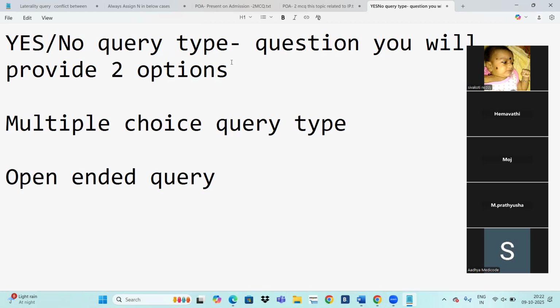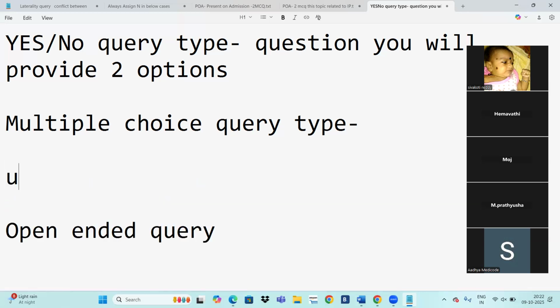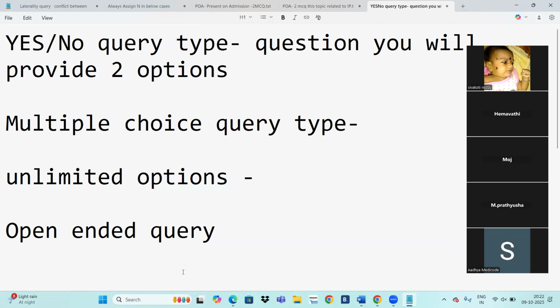Next, suppose multiple choice query type. They will give unlimited options. There is no limit. You need to provide all the options to the provider while raising the query. Open-ended means free text format.